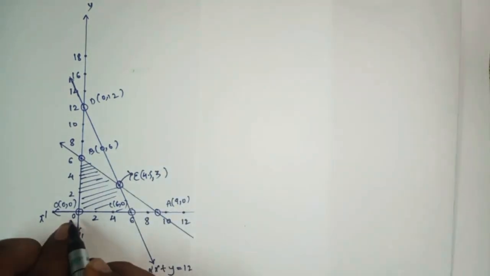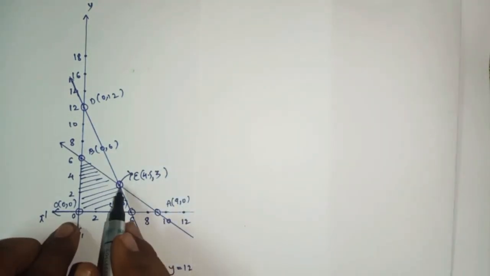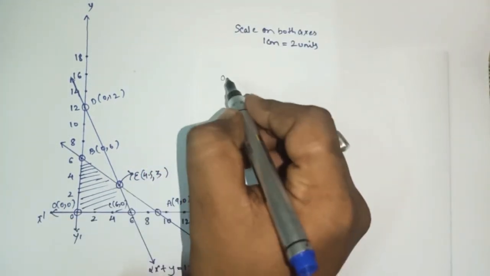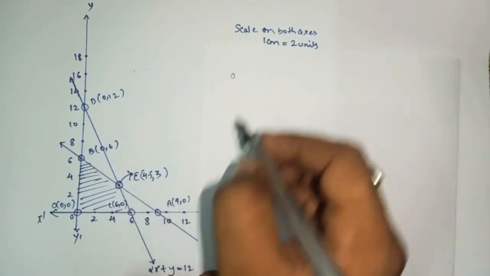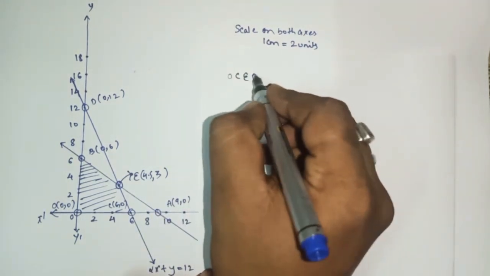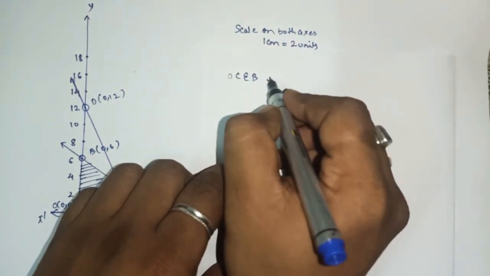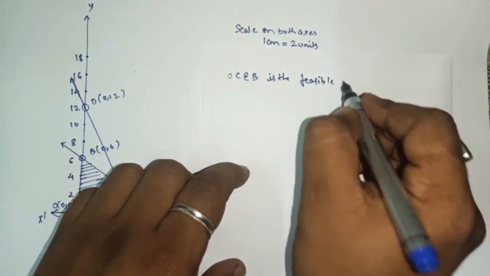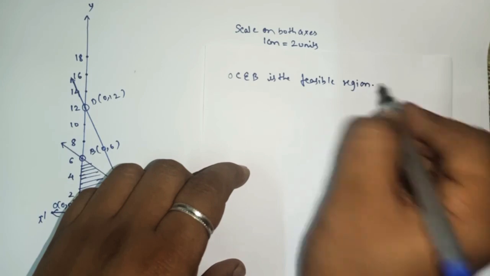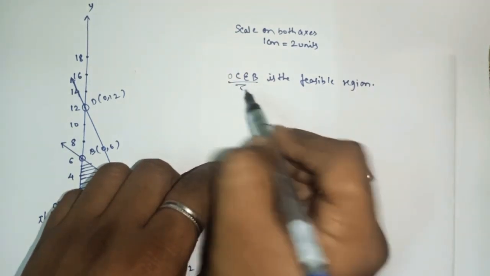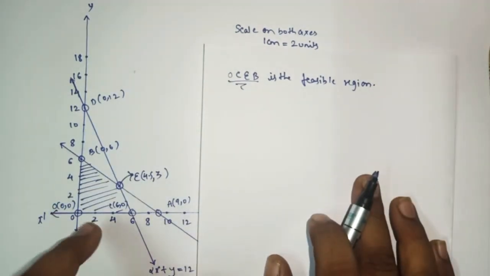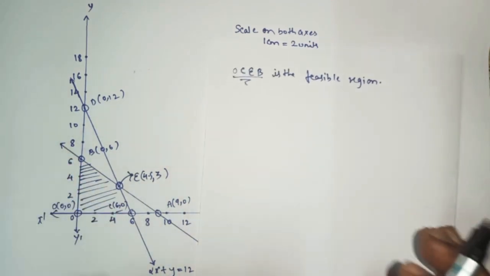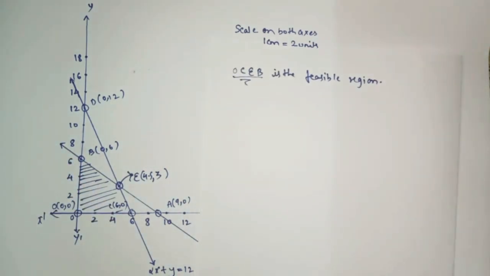The quadrilateral is O, C, E and B. So here we'll write O, C, E, B is the feasible region. Okay, so this is the main answer actually. As I told, if the feasible region is perfect, then only you will get the proper answer.